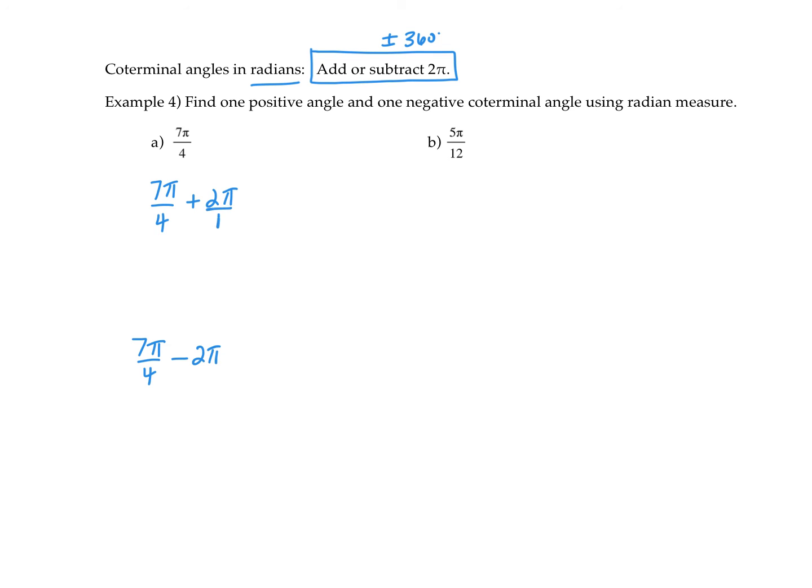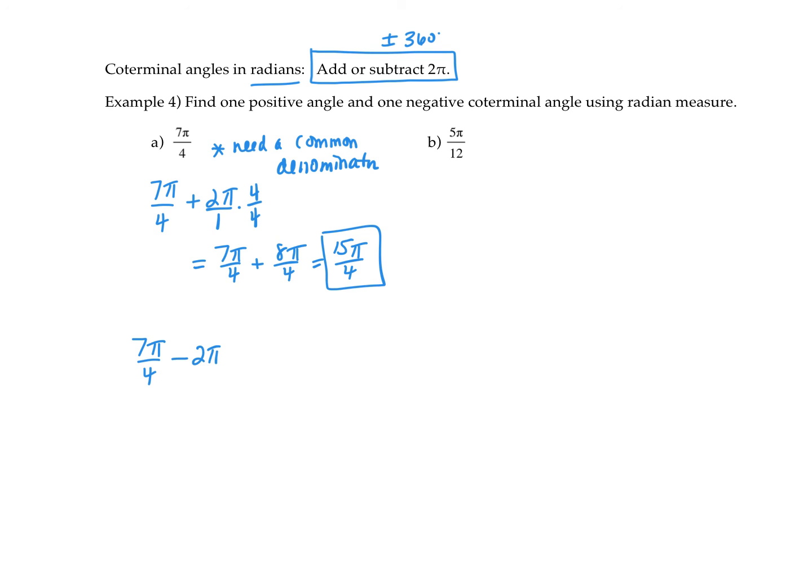What we need to do is have a common denominator. Which in this case would be 4, so multiply numerator and denominator by 4. And we end up with 7 pi over 4 plus 8 pi over 4, because we multiply top and bottom by 4, and that would give us 15 pi over 4.